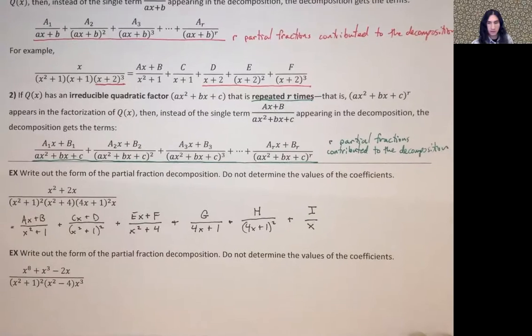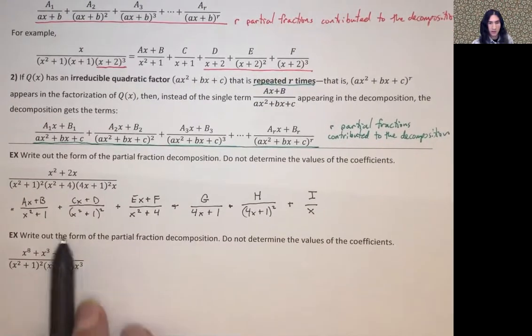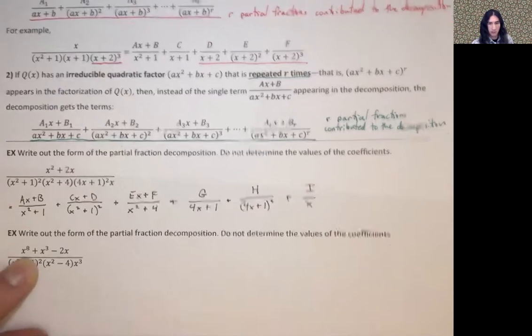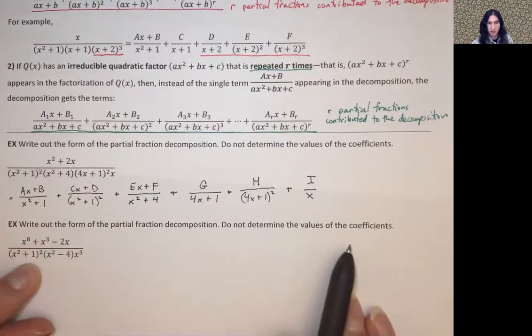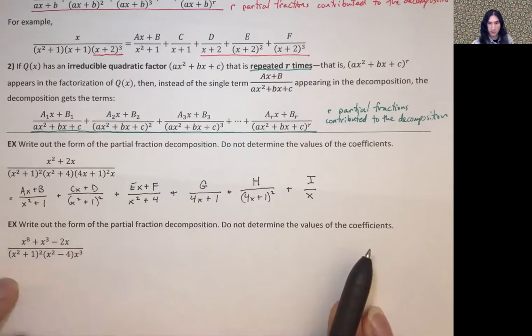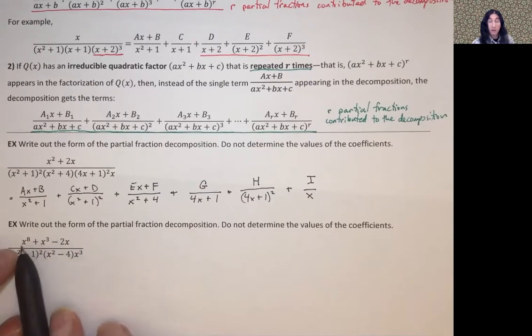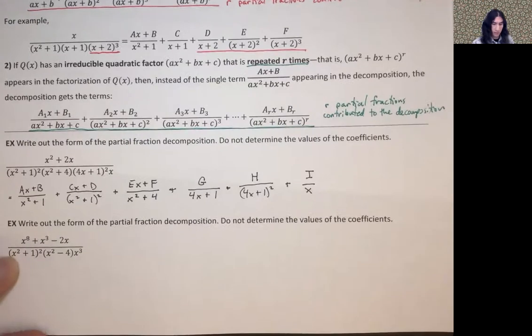Okay, so let's do one more example right here. Let's write out the form of the partial fraction decomposition for this guy. So I'm just going to go through this one quickly because we've already talked about everything up here. The only thing that I might point out right here is to remember to make sure that it's a proper fraction first.